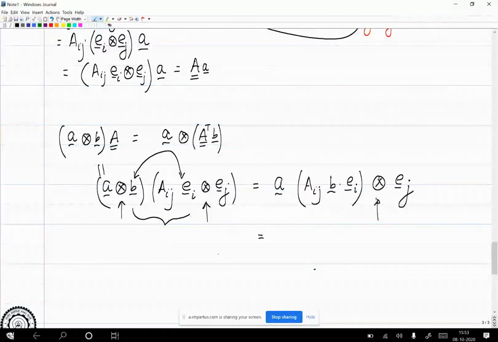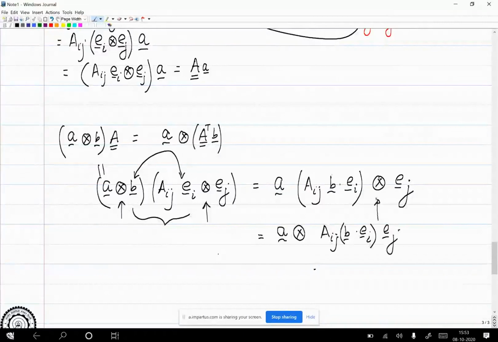Anyway, so now see, can we do something? So this is also equal to A tensor product Aij B dot Ei Ej. So I brought this scalar thing on the other side of tensor product, because scalars can be moved anywhere. You see, you can't move vectors anywhere. The vectors or tensors have to be in the same sequence. But scalars, you can move anywhere in the expression.